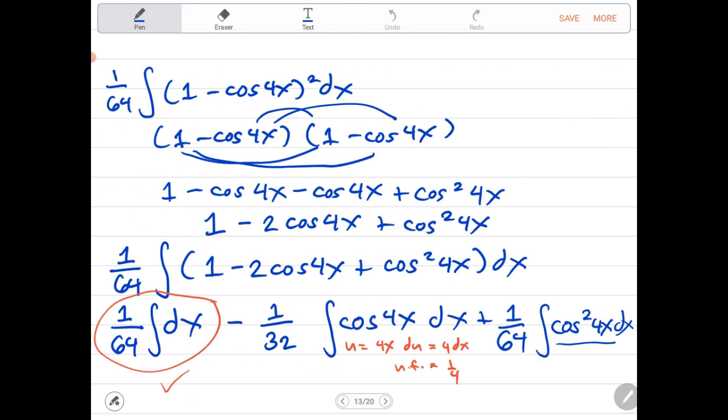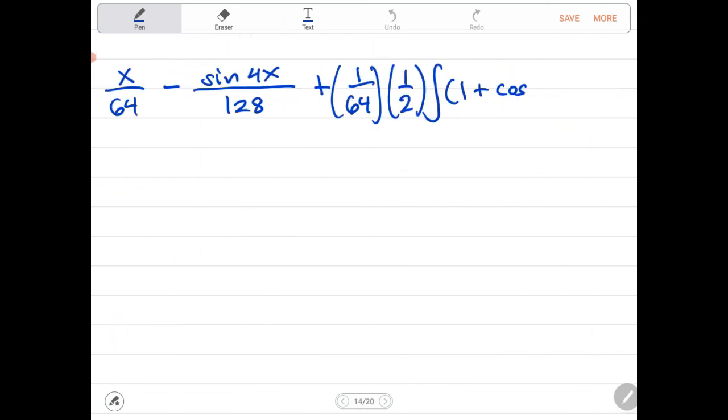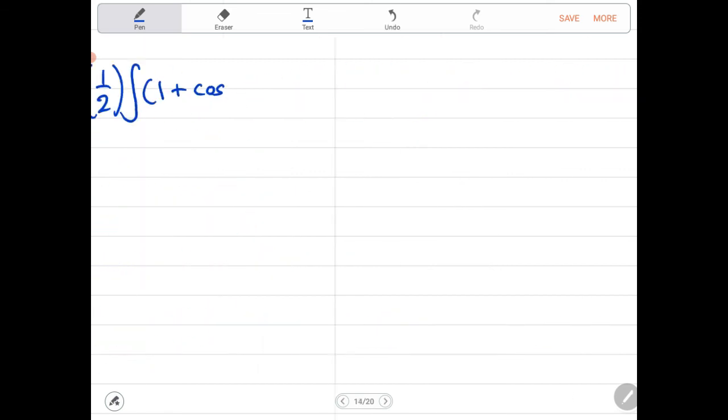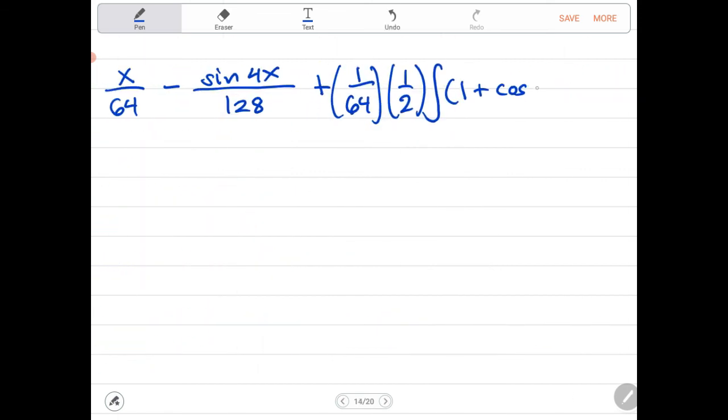So, double. It will become 8x. Don't forget that, ha? Double natin. So, cosine 4x, it will become 8x. Kasi do-double natin, no? So, 1 plus cosine 8x. Then, dx. So, ang problema lang natin dyan is the last part. The first two are already integrated, right?